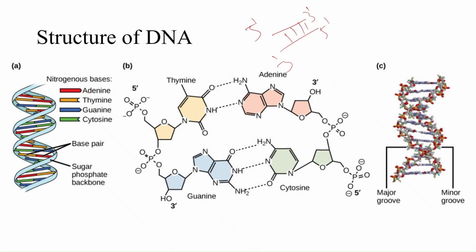Thymine and adenine have two hydrogen bonds between them, and guanine and cytosine have three hydrogen bonds between them.